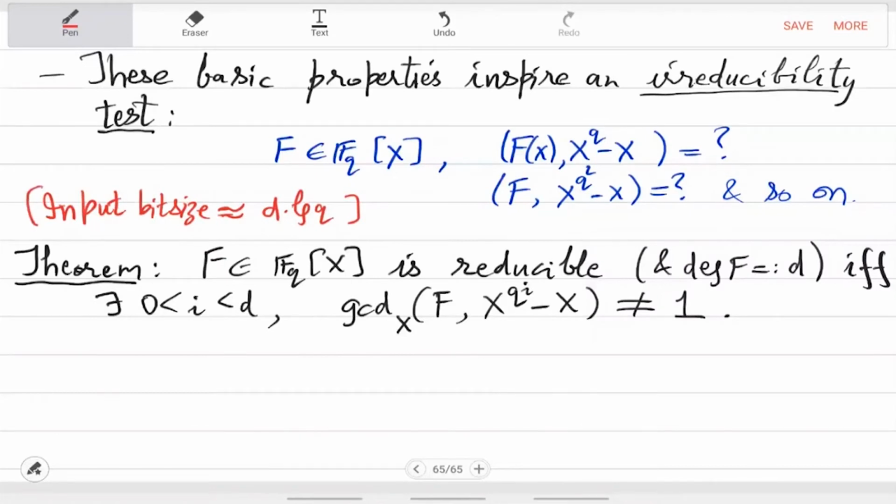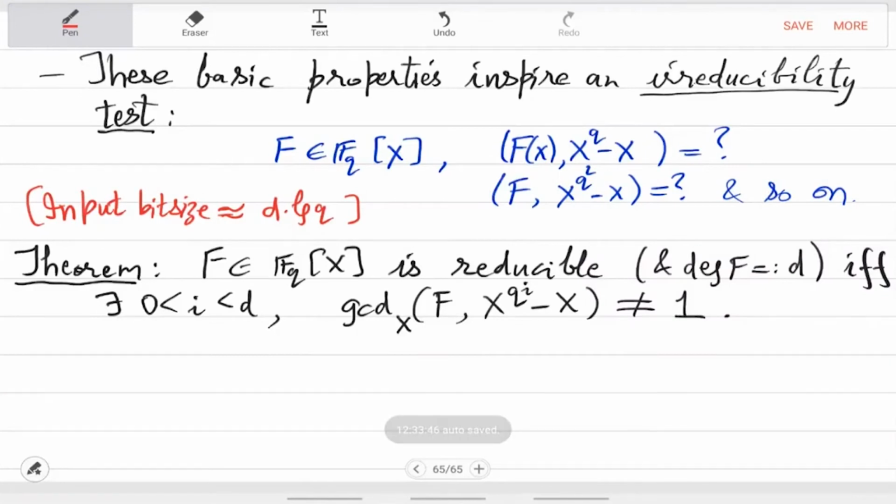So you want your time complexity to be polynomial in d log q. If you spend time q, then it's already exponential, right? So how do you compute this GCD faster than q time?